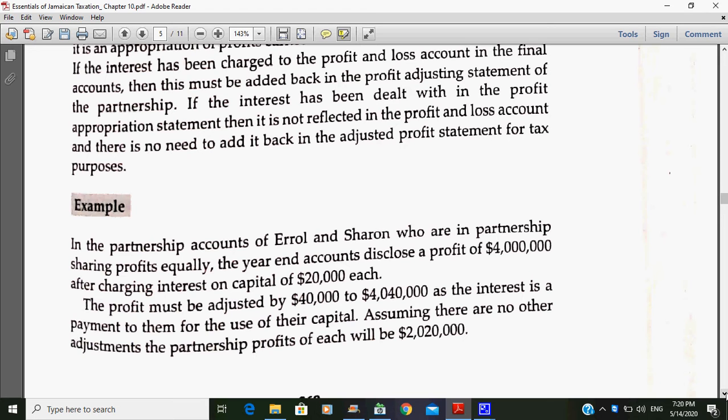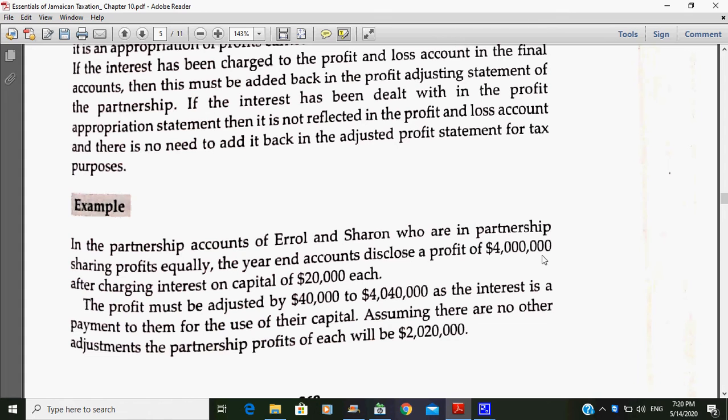In the partnership accounts of Earl and Sharon, who are in partnership sharing profits equally, the accounts declare a profit of 4 million after charging interest on capital of 20,000 each. That means it was deducted from something to arrive at 4 million.